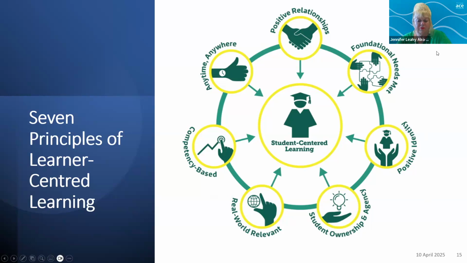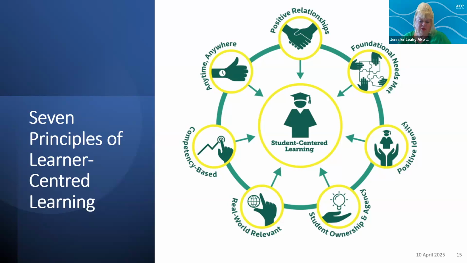And again, reasonably straightforward and not new in that in the ACE sector, this is what we focus on so importantly. The positive relationships we have with our learners, ensuring that their key needs are being met at all times, that they feel like they are noticed, they feel seen. The educator, the tutor, the kaiako who works with them knows who they are, knows a little bit about them.